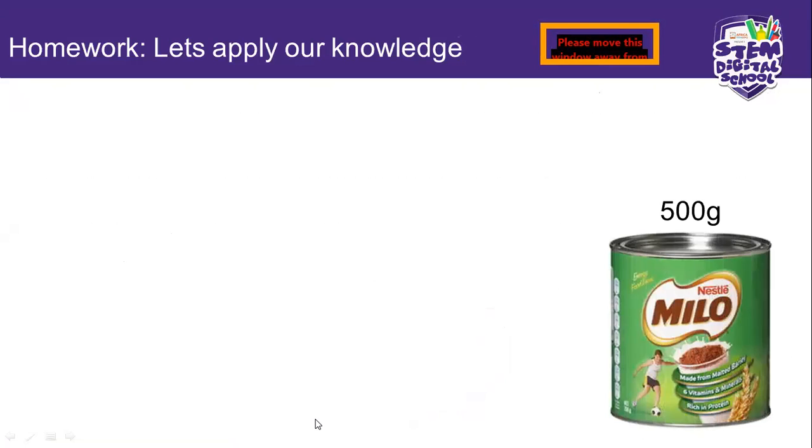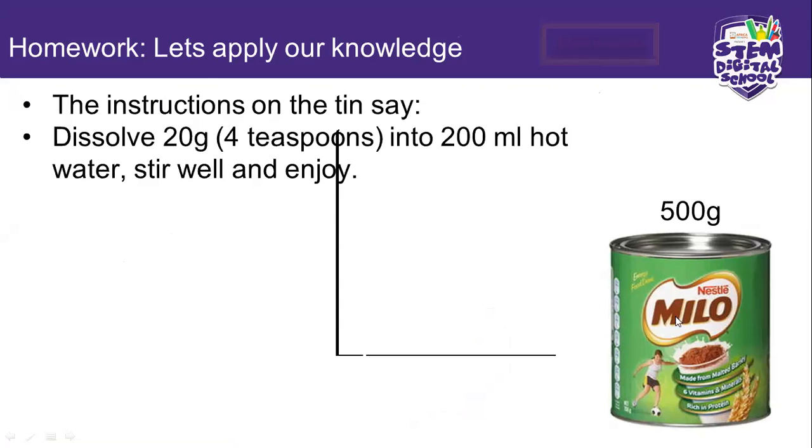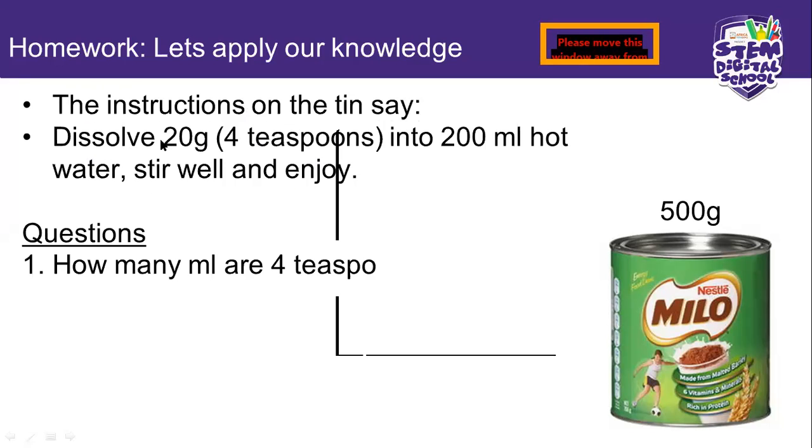I want us to apply our knowledge now. We've got a tin of energy drink there, which is familiar to us. And then there are instructions on this tin. The instructions, you can snap it, say: Dissolve 20 grams.